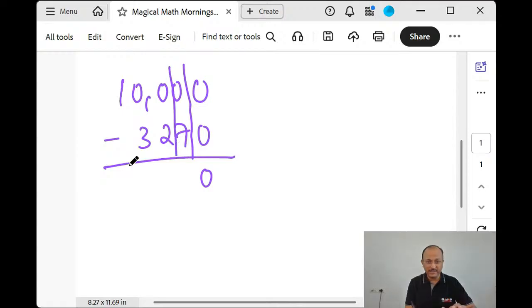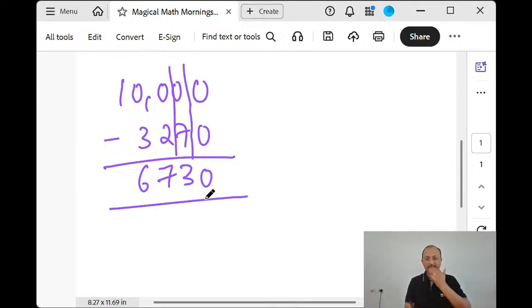All from 9, last from 10. That means the last non-zero digit, that is 7, we'll consider for the tens complement. 9's complement of 3 is 6. The 10's complement of 7 is 3. 6730. So 673, because the last one we will take as zero only.